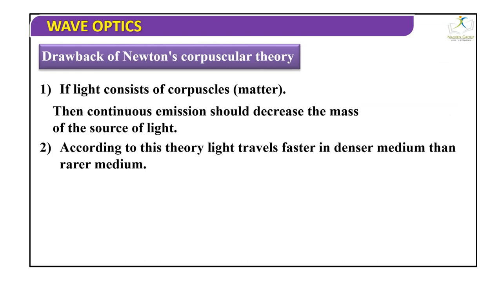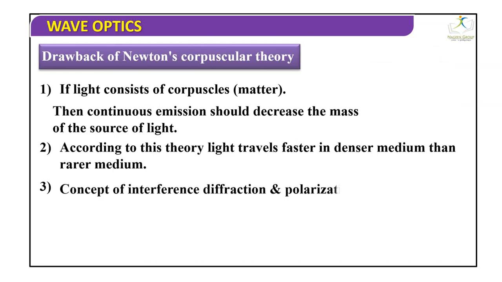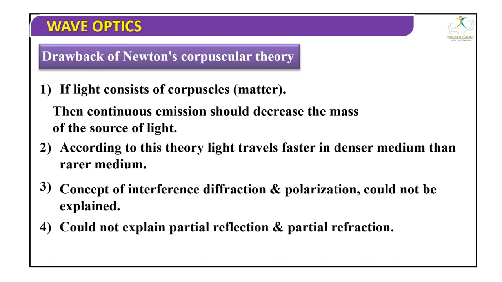According to this theory, light travels faster in a denser medium than in a rarer medium. The concepts of interference, diffraction and polarization could not be explained by Newton's corpuscular theory. And it could not explain partial reflection and partial refraction. Later we will discuss what partial reflection and partial refraction are.